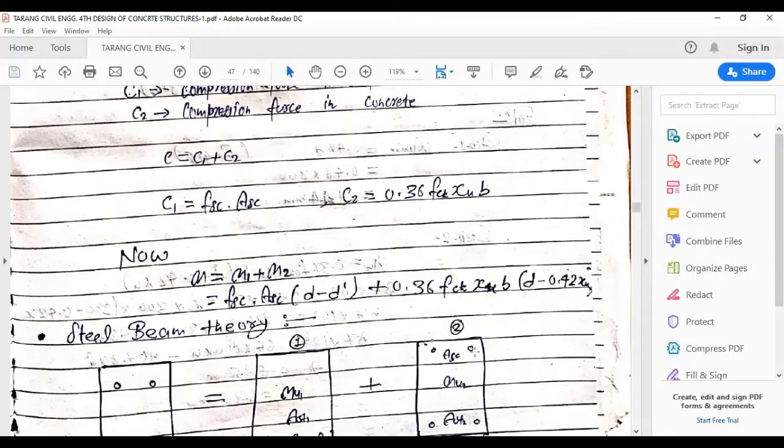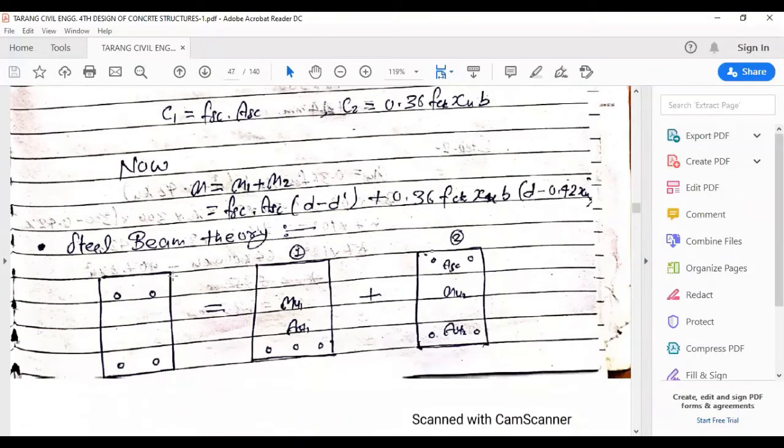And as we have discussed in the steel beam theory, it looks like this. If this is the area of steel under compression, this is the area of steel under tension. For ultimate moment 1, the first beam will be considered with area of steel under tension, so in this beam we will provide only tension bars.